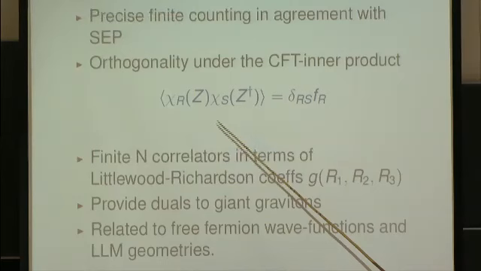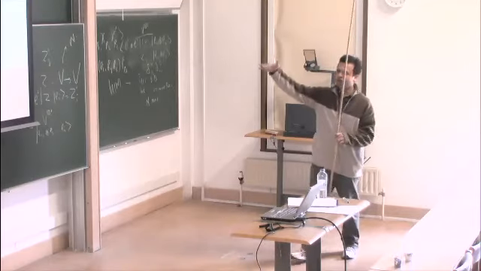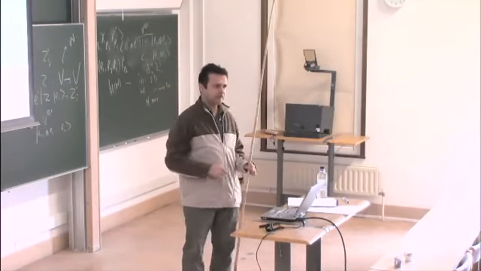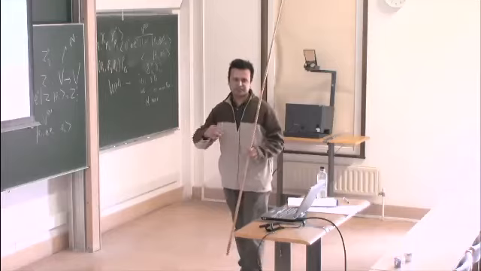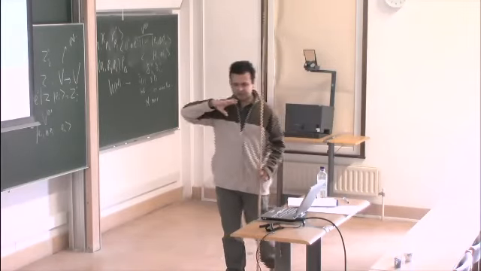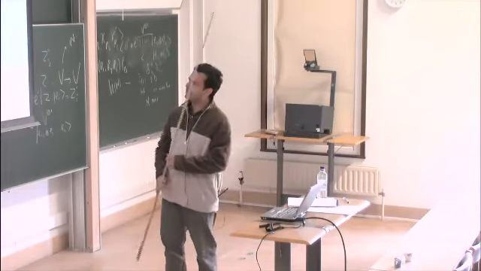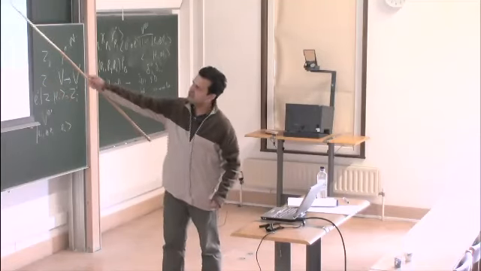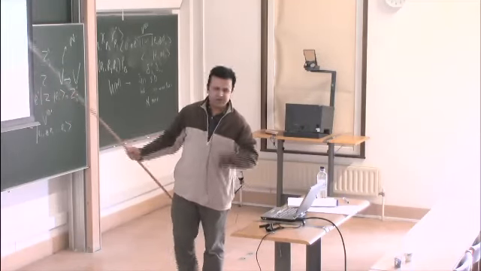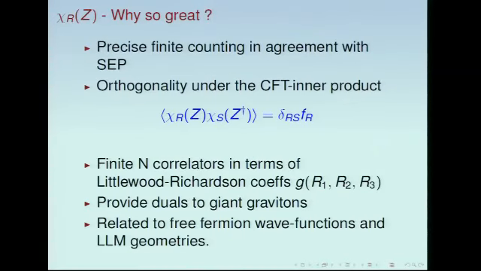So these Young diagram operators are directly related to free fermion wave functions, and these in turn are related to LLM geometries, which are geometries that you get when you let the branes back react. I will describe the dictionary in a bit more detail in a minute, but when you let these giant gravitons back react, you get deformed geometries, and there is a connection between them and free fermions.